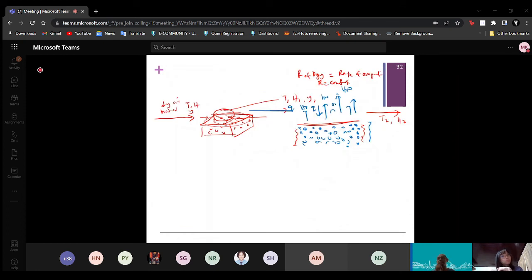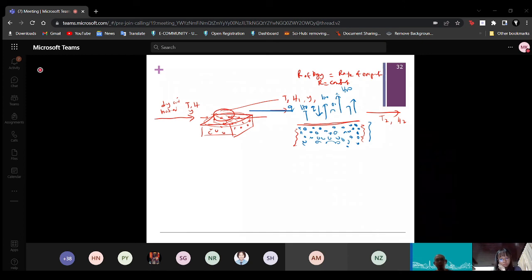Boleh faham? Understand? Can you understand? Ada soalan? You need to really understand it, because this is the theory behind it. Because remember that the course outcome, you need to be able to explain what the mechanism involved, what is the fundamental.